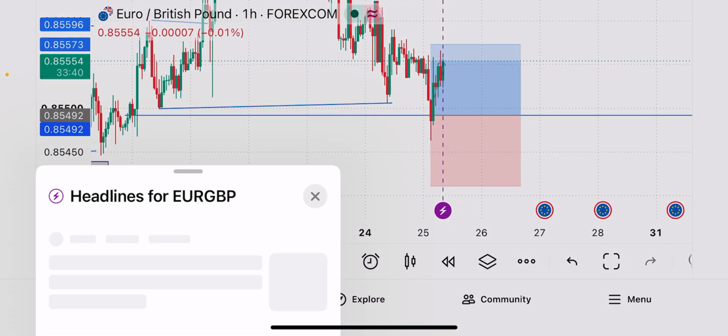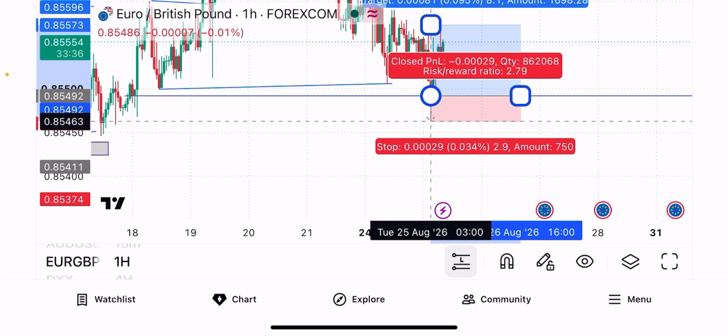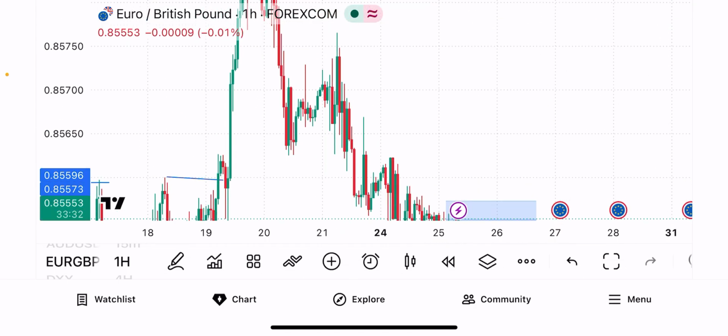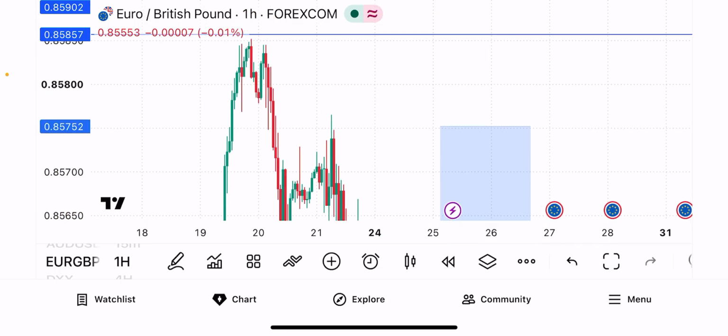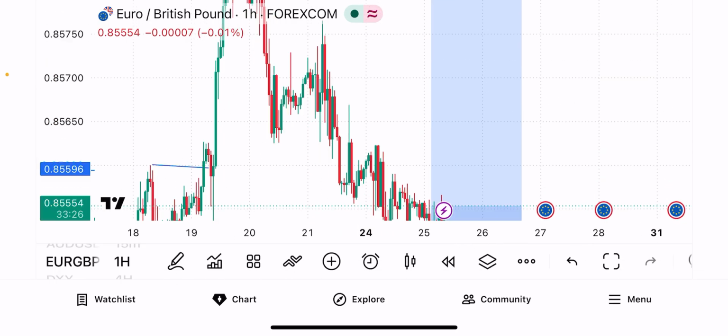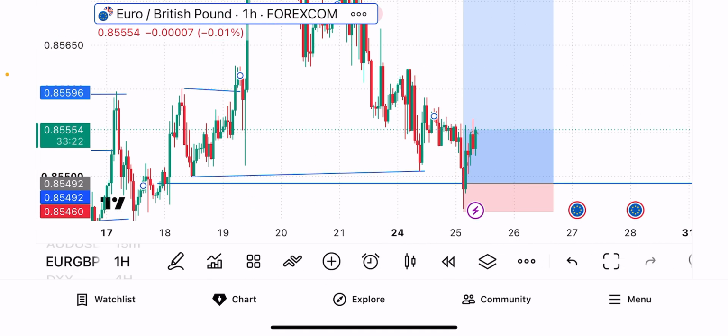My stop loss is below the wick, this wick below it. Then I'm targeting this next high as my full take profit, and this is a sort of, I think, 10-hour trade. Okay, 11-hour. So that's what I'm targeting.